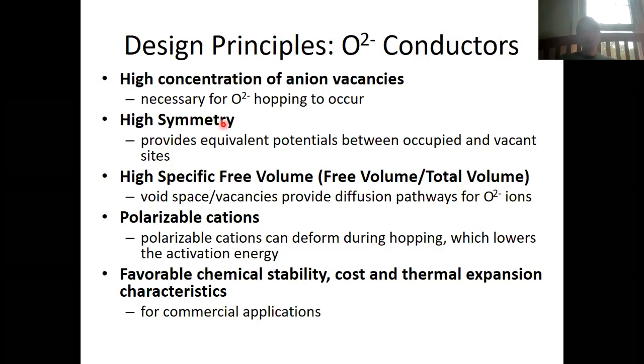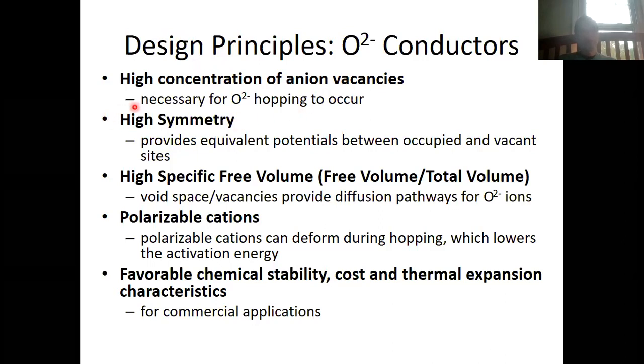So what are the design principles for oxide anion conductors? Similar actually to those for the cation conductors. So again, you need a high concentration of anion vacancies to make the oxide ion hopping occur.